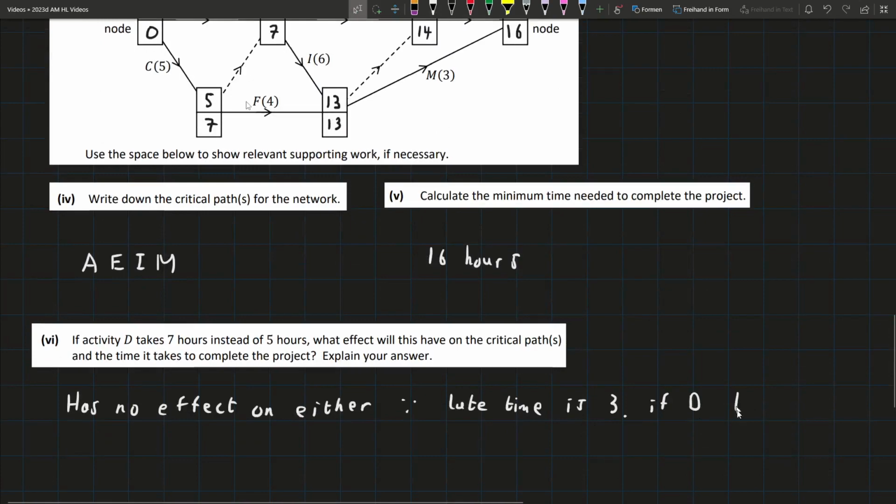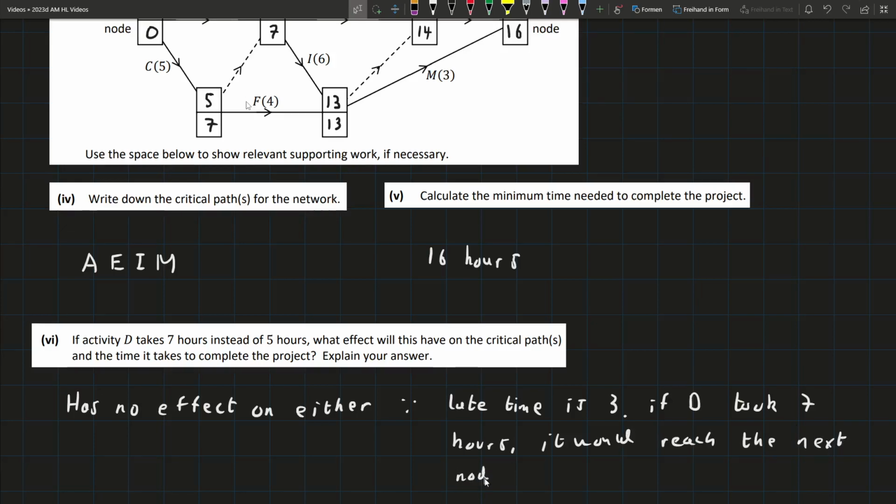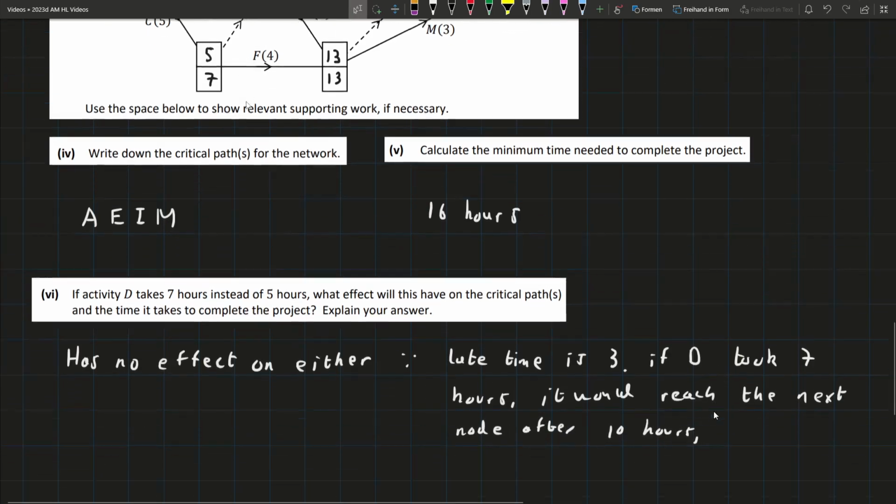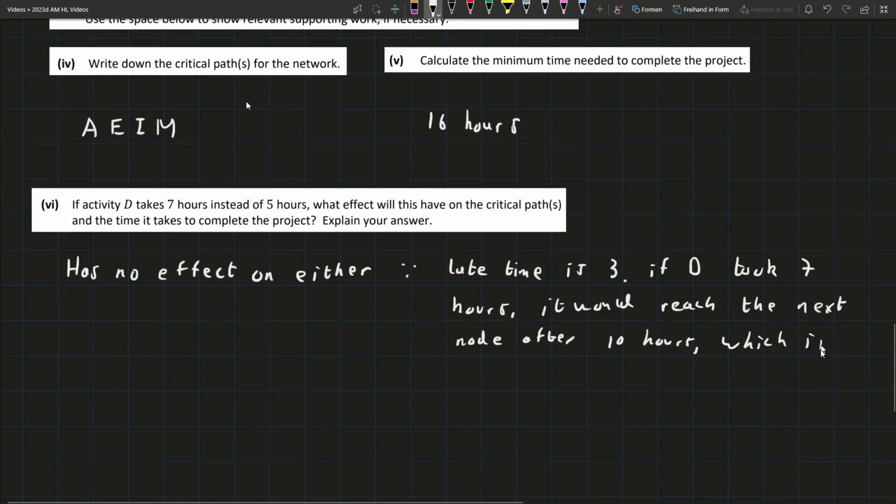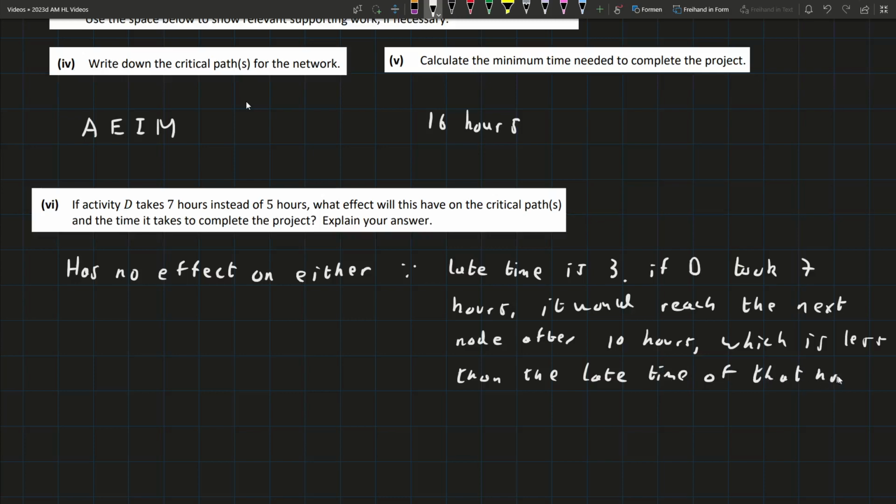If D took 7 hours, it would reach the next node after 10 hours, which is less than the late time of that node, which is 11 hours.